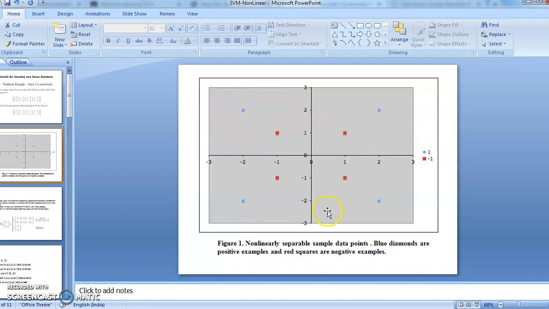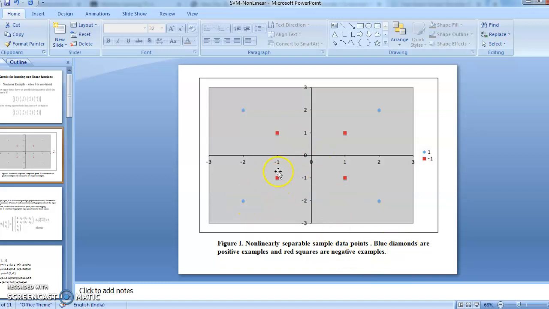You can see that in this figure we cannot distinguish a hyperplane, because the points are scattered. These problems are called nonlinear SVM. In this diagram the nonlinear separable sample data points are shown, and we have plotted this graph.